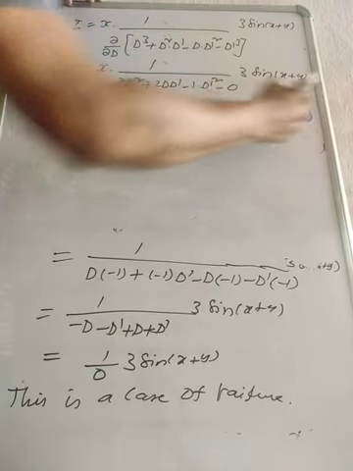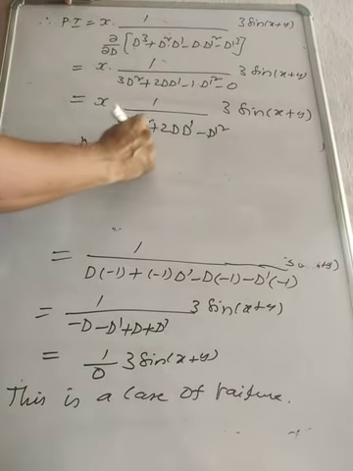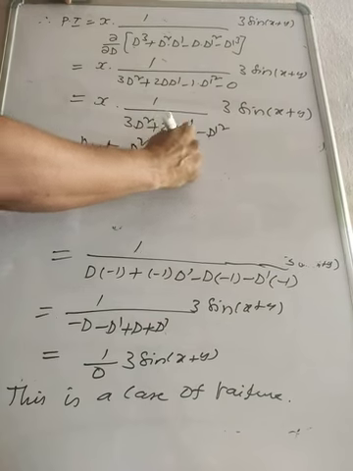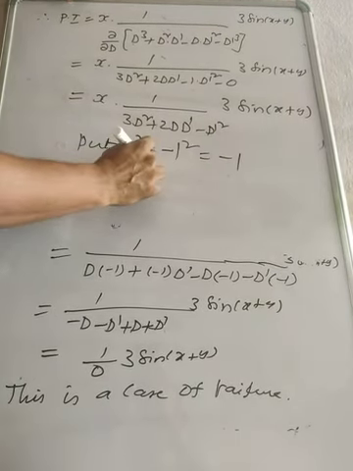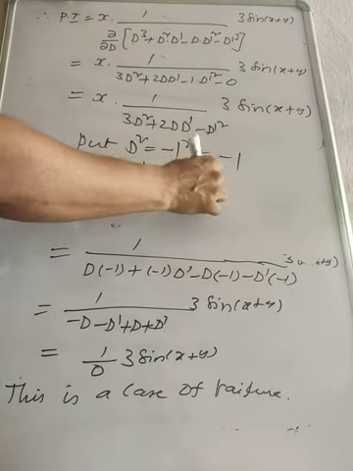Again put D² equal to −1², that is −1. DD' means −1·1, that equals −1. D'² equals −b², means −1² equals −1.